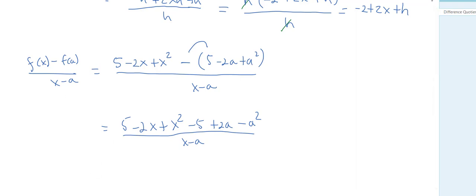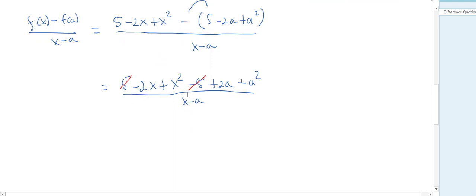Combine like terms if there are any. Notice that our like terms here again are the 5 and minus 5, so those give us 0. We don't have any more like terms, so this is as far as we can collect terms. So let's try to organize it by degree. I'm going to have x squared.